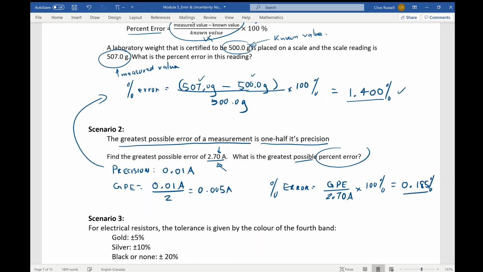Notice again here we have 3 significant digits. Why? Because we had 3 significant digits there.